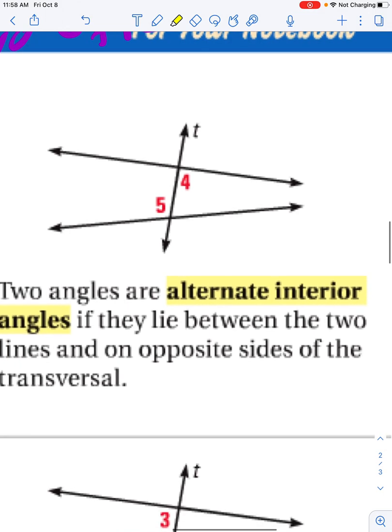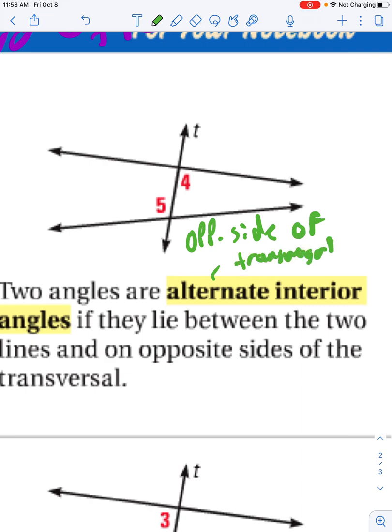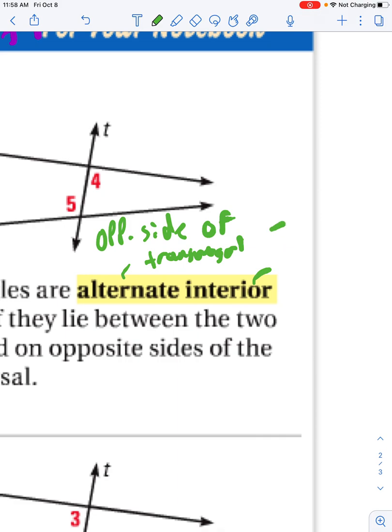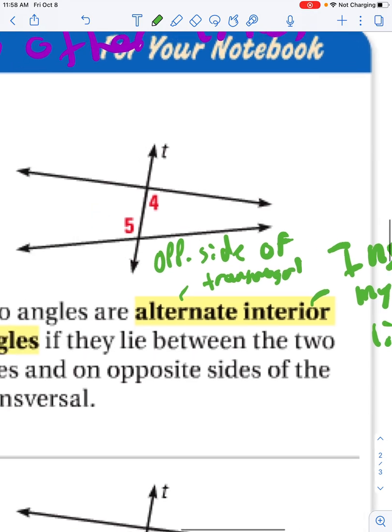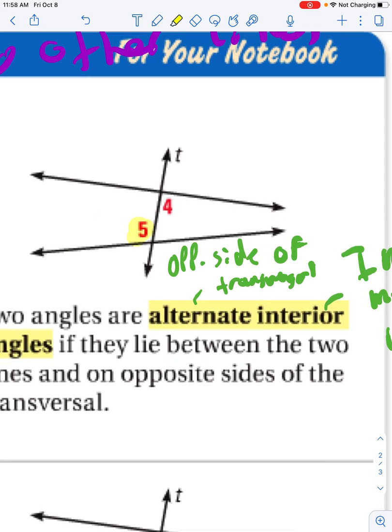Then we've got alternate interior angles. The word alternate means on opposite sides of your transversal, and the word interior means inside my two lines. Angle 5 is in the top left of my quadrant, and angle 4 is in the bottom right.